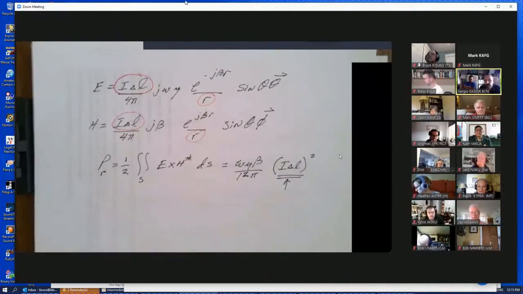So the power was proportional to delta L squared. That's the radiated power traveling. If you integrate and look at the entire surface around the antenna, that's how much would be radiated.